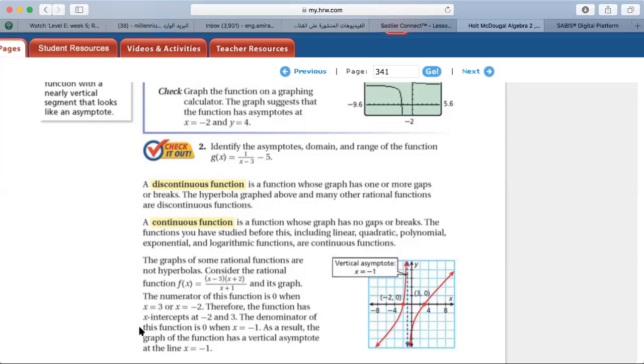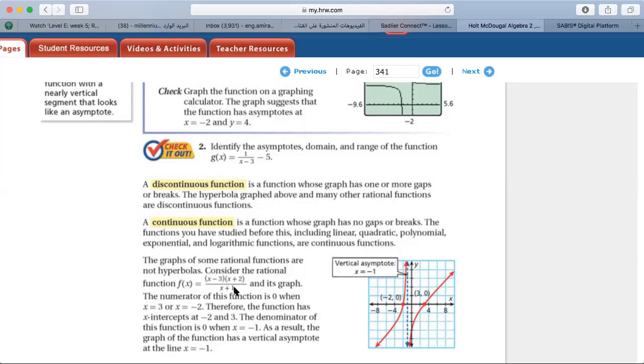The denominator of this function is 0 when x is equal to -1. As a result, the graph of the function has a vertical asymptote at the line where x is equal to -1.